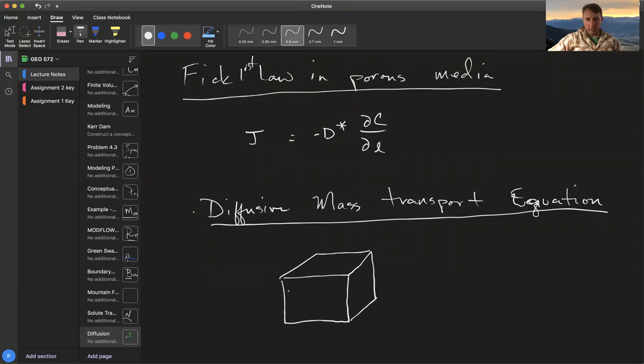All right, and our REV has particles or grains. So it's a porous media REV.